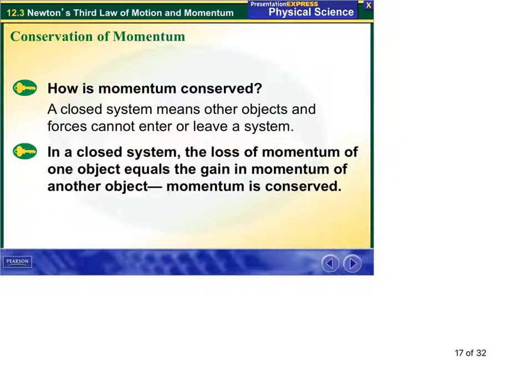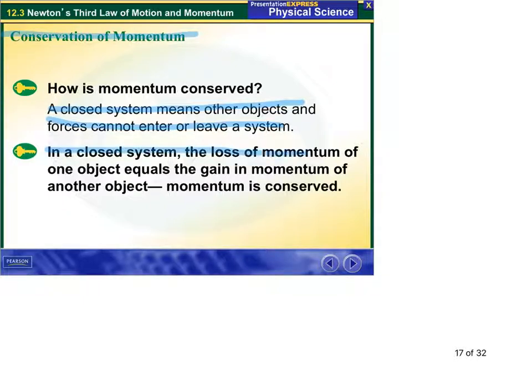Here we got a thing called the law of conservation of momentum. A closed system, by definition, means objects and forces cannot either enter or leave a system. Nothing's coming in, nothing's going out.